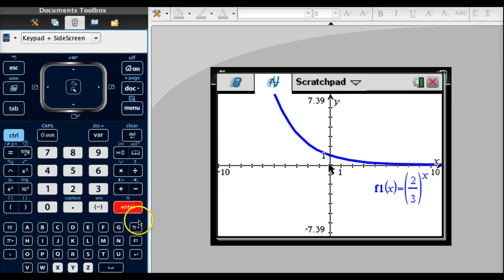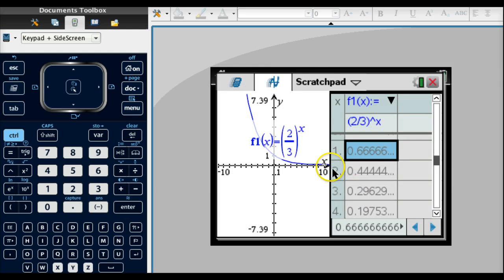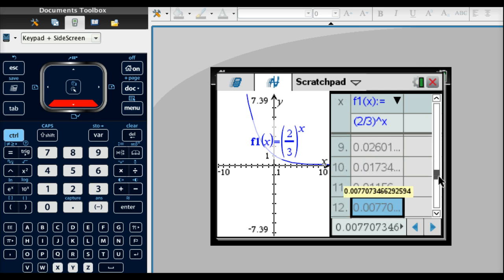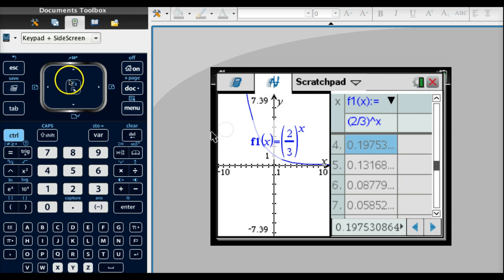Now I'm going to look at the table because I want to know which exponential function would increase as x increases. So as x increases, look at these values, they keep going down. They keep getting closer to 0 as x increases. So you know that's not going to be the one.